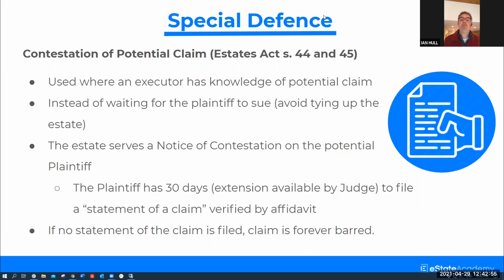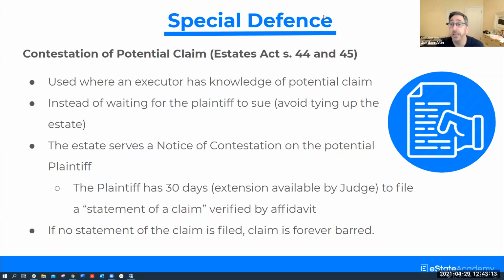The case law has been pretty supportive of preserving that deadline. So that's why I say it's a summary fashion, but it's also a very powerful tool to clean out what might be some claims that are sniffing around the estate.